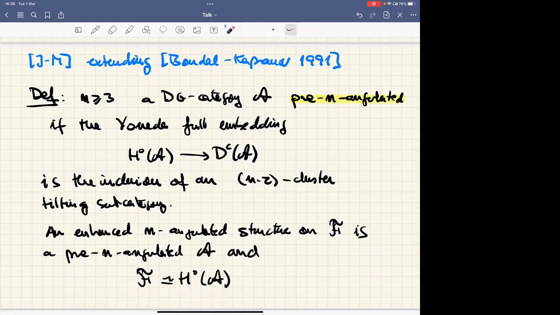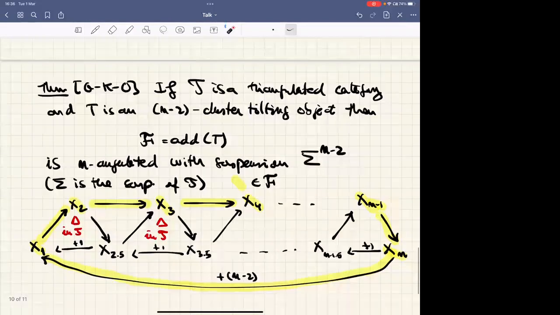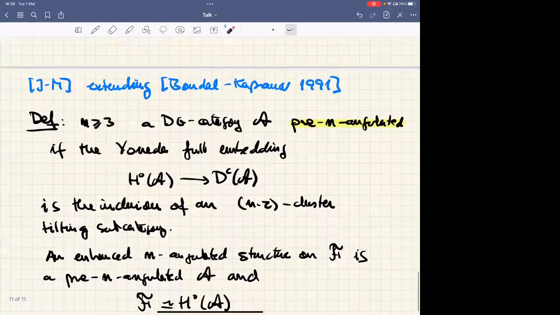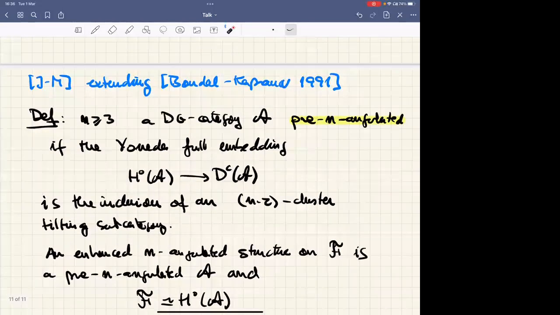On the right, we have one because I forgot to mention that the previous theorem of Geiss-Keller and Oppermann applies to any n-2 cluster tilting subcategory of a triangulated category. So in this case, H0 of A is n-angulated by the previous theorem.